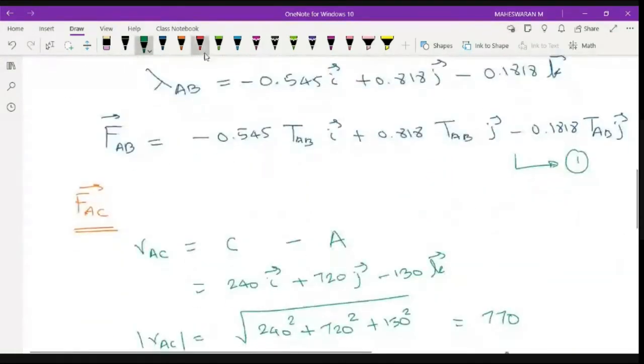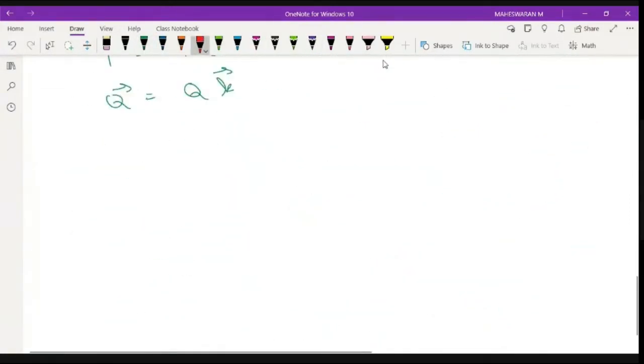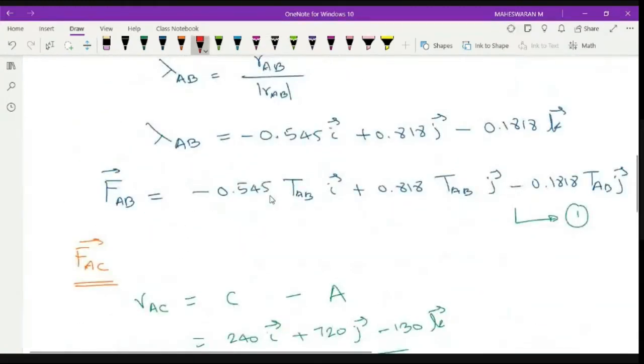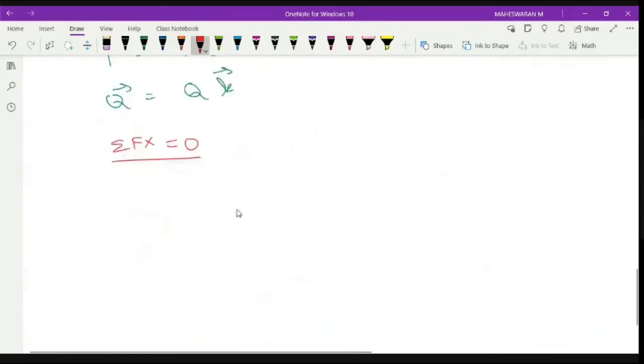The only thing now is I have to say that it is in equilibrium. When I say it is in equilibrium, I have to show that sigma Fx is equal to 0. So I have to add all the x terms, that is, the i vector terms. Here is your i vector, so I am adding it: minus 0.545 TAB.